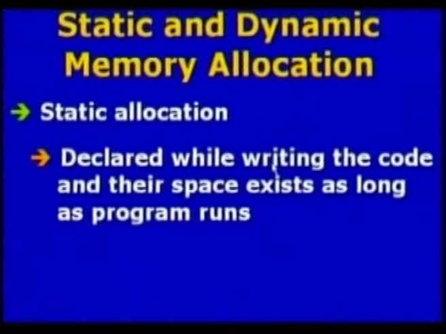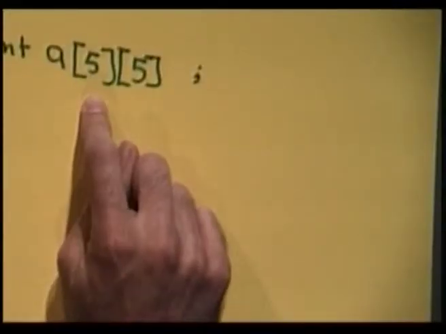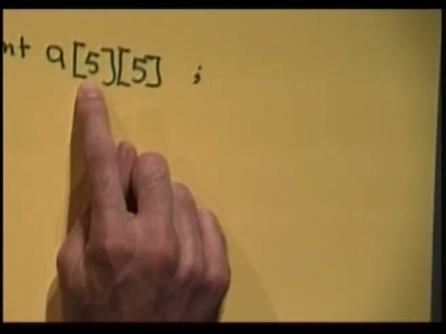First, static allocation is declared while you write the code, and its space exists as long as your program runs. That is, this is a static declaration, static allocation. At the beginning of your program, right before you start doing anything, you declare your variables. One of them is your storage area for the array, okay?